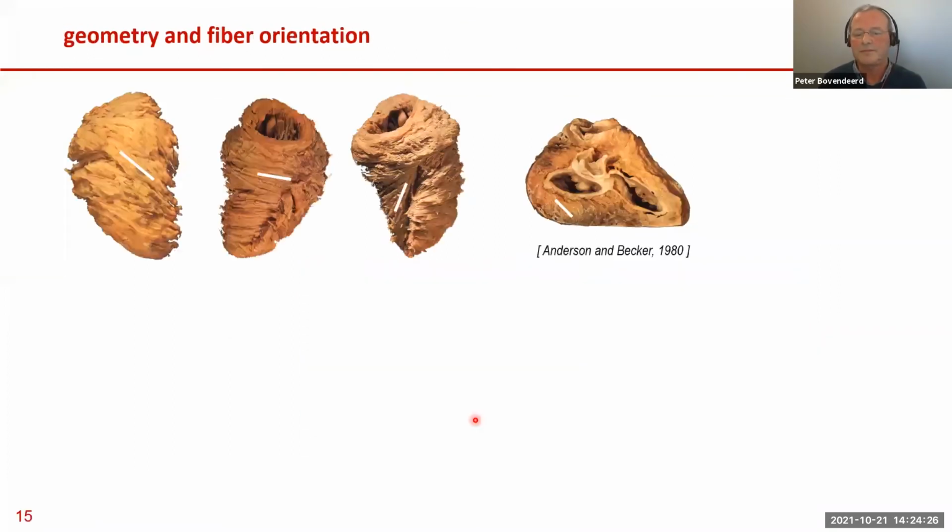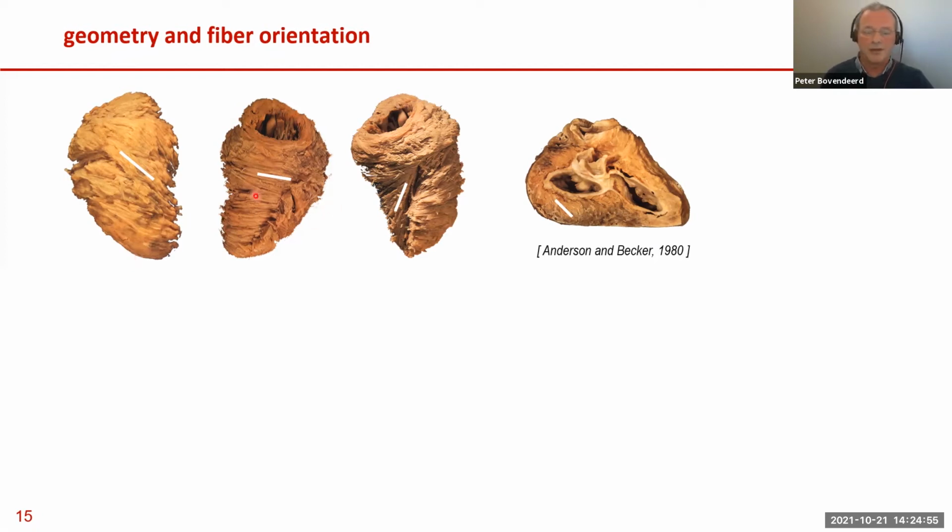And on top of that, if we want to extend the model, we need to take into account geometry and fiber orientation. And here you see another set of nice pictures from an atlas produced by Anderson and Becker. You see here that at the outer layers of the left ventricle, so the epicardial layers, fibers are more or less oriented in base to apex direction, so in longitudinal direction.